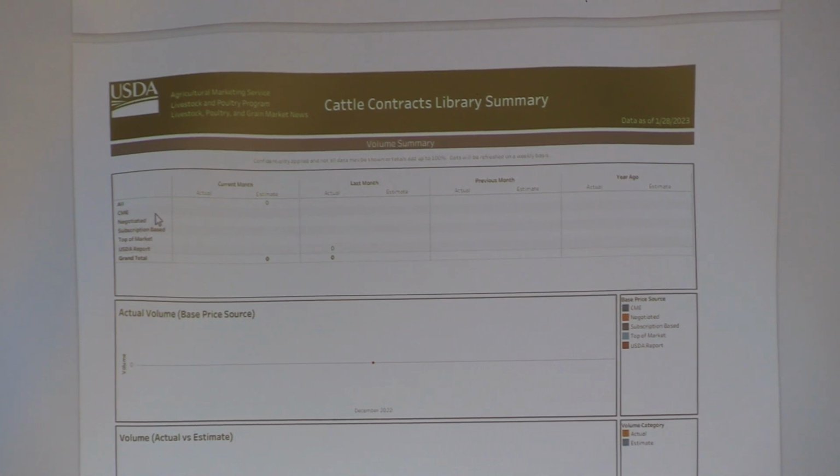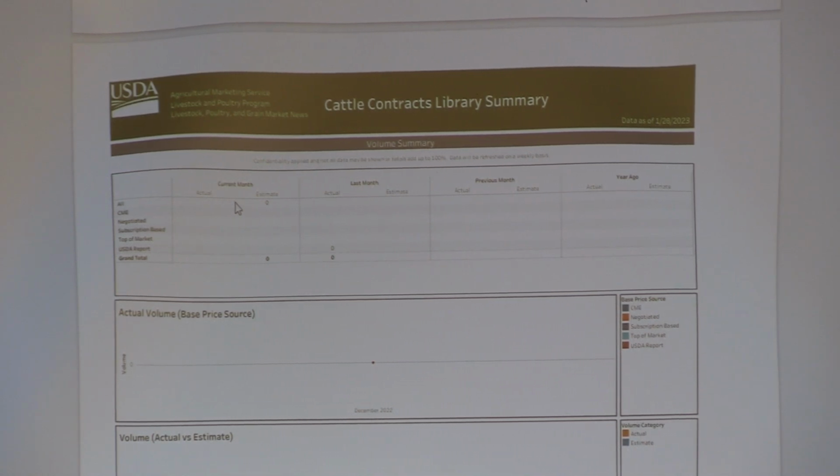For example, if they use a CME price, a futures price, to establish the base price, we would show the current month, the previous month, and we would like to show 2 months prior. So if we use the example today, the current month, we would be showing data for the month of February.